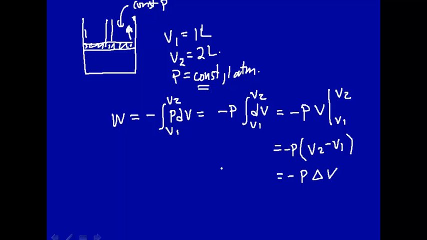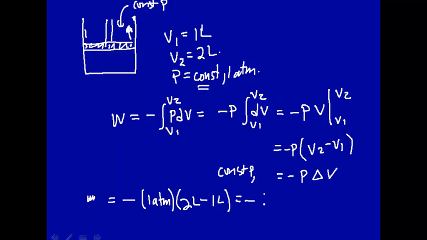So for a constant pressure, the work done in expanding a gas is minus P delta V. Now let's go ahead and put in the numbers here. The pressure is 1 atmosphere, the constant pressure, minus 1 atmosphere, and the change in volume: the final volume, V2, is 2 liters, minus the initial volume, 1 liter.